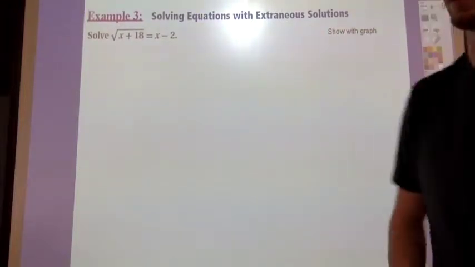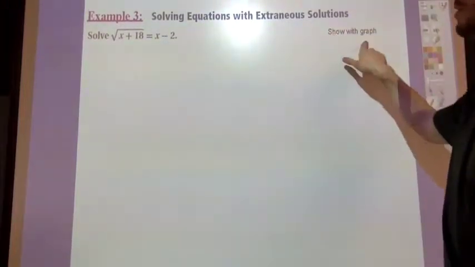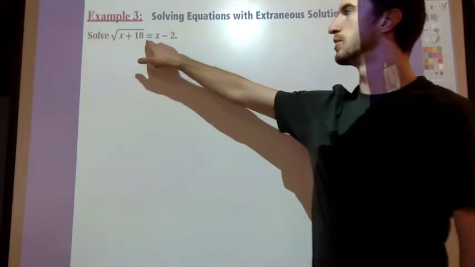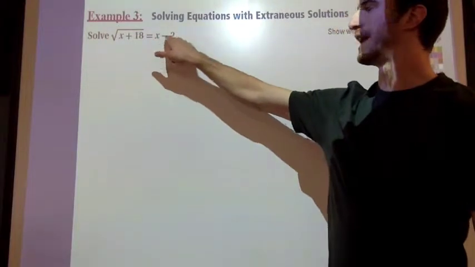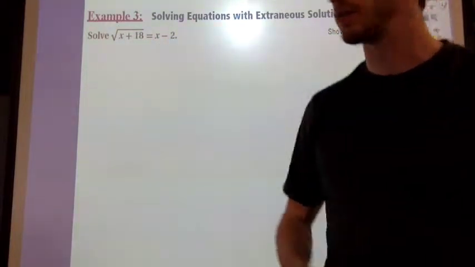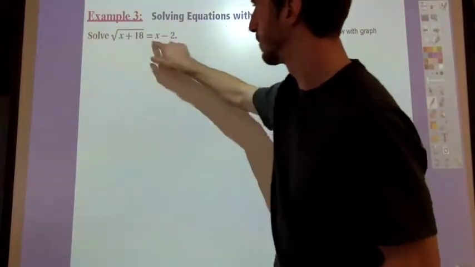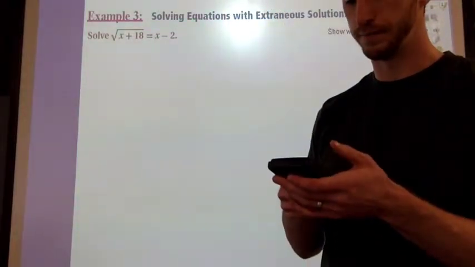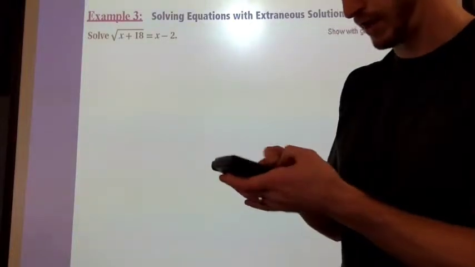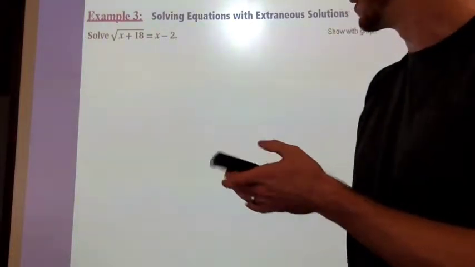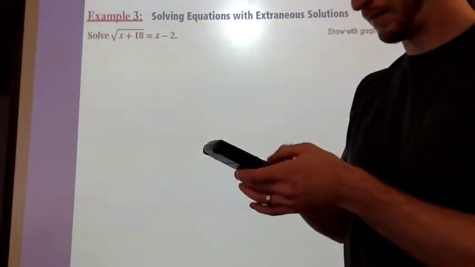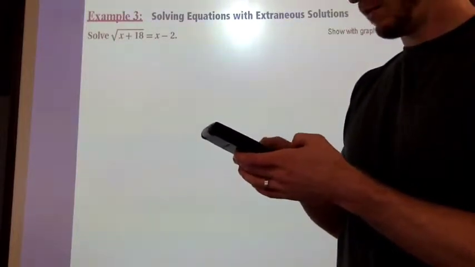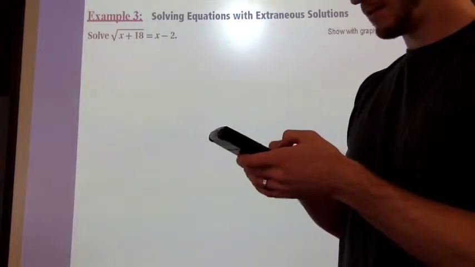So, what I'm going to do first is show you what this looks like with the graph. This is the square root of x plus 18 equals x minus 2. I'm going to graph this on y1 and y2. In y1 I've got the square root of x plus 18, and in y2 I've got x minus 2.